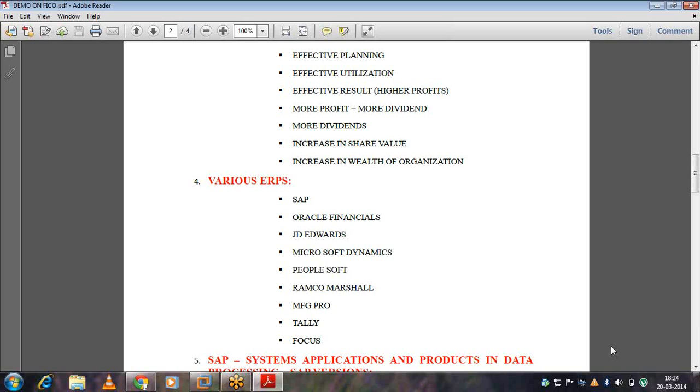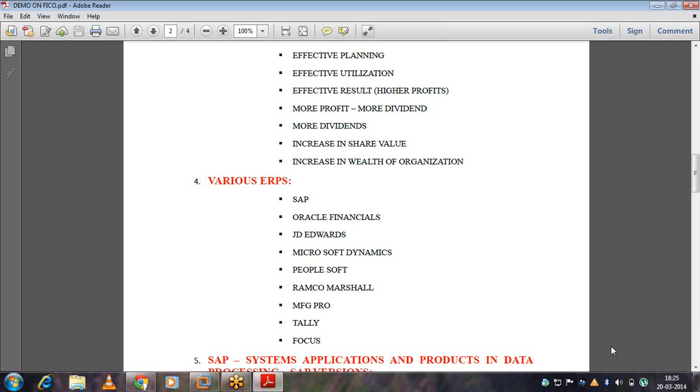Not only that, there are a number of reasons why SAP is number one right now. SAP as an ERP can support multiple countries and multiple currencies at a time, and it also supports multiple languages across the world. Again, this facility is not available with other ERPs.